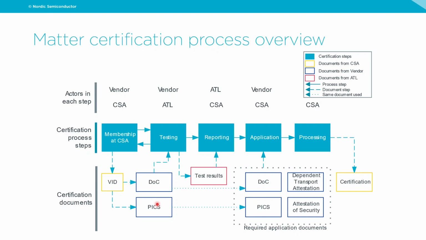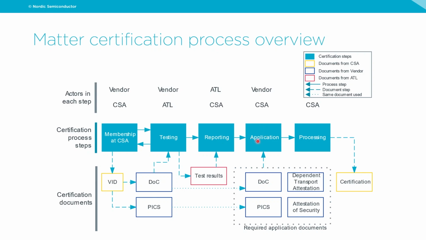After the Matter component successfully passes all test cases, the ATL sends a test report to both you and CSA. Once you have obtained the test report for your Matter end product, you can apply for certification to CSA.